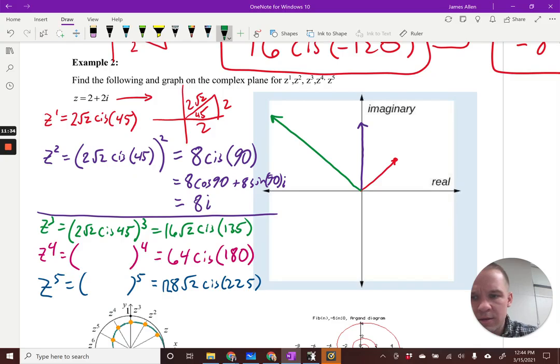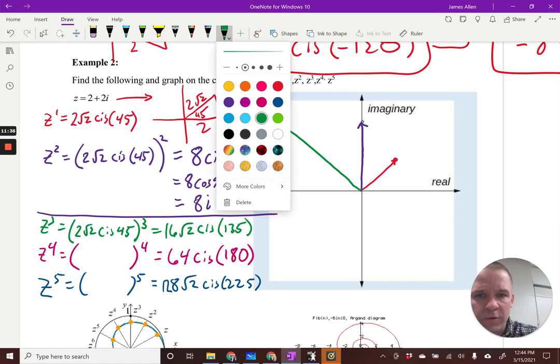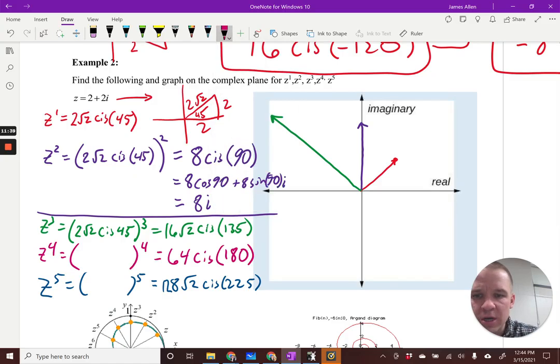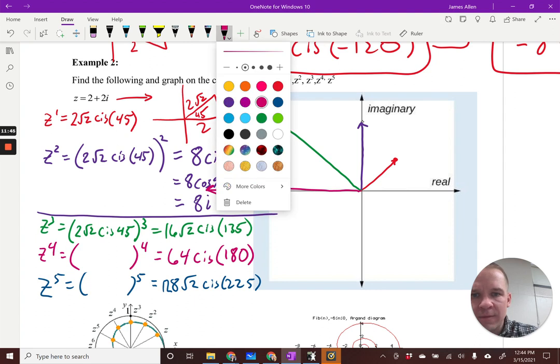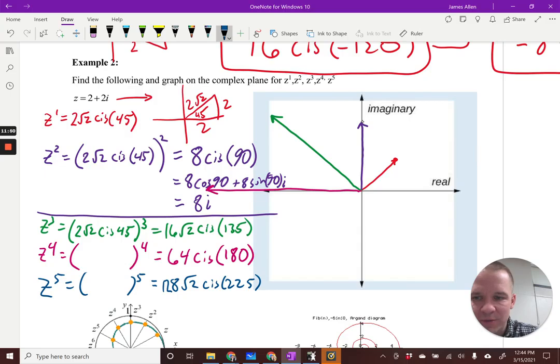And then, man, this is going to get crazy. This is going to get huge. I got to go over this way. We're going 16 root 2, so even longer yet. And then perhaps I went too crazy. Perhaps I went too large with the scaling here. And then we've got even larger yet.